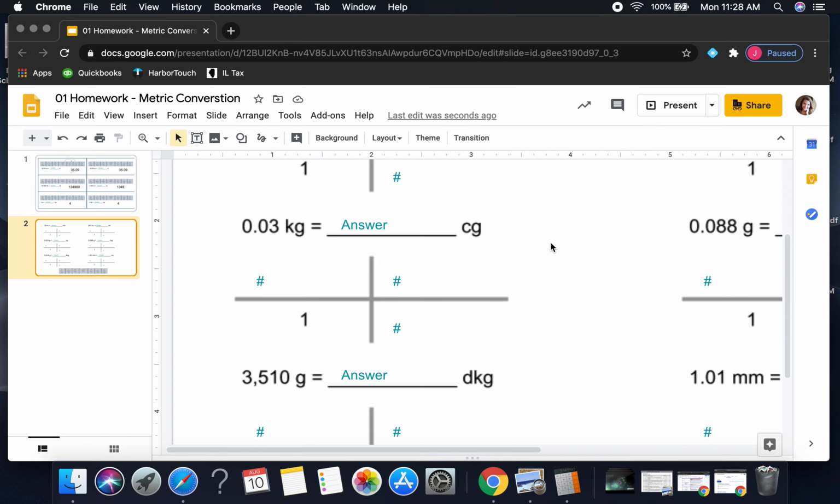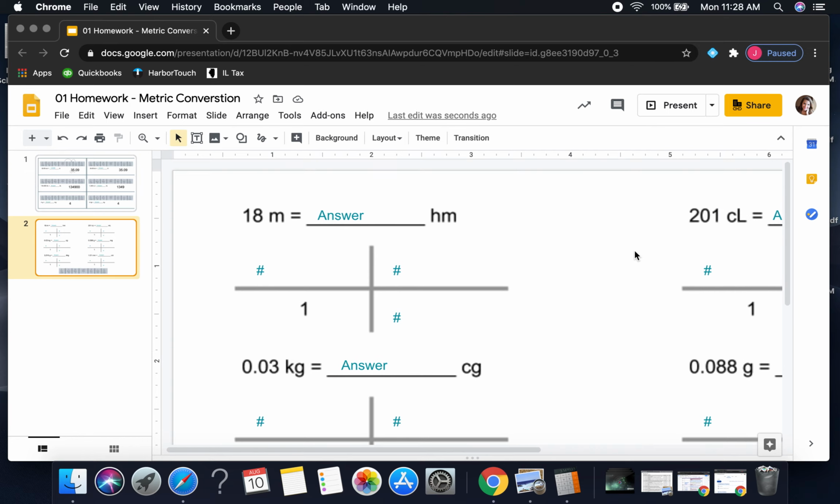For the second page, this is a bit different than what we did in our notes. This is using dimensional analysis, and we're going to get more into this in our upcoming notes. You'll see these boxes that are already set up for you. We're basically setting up a math problem for multiplying and dividing.